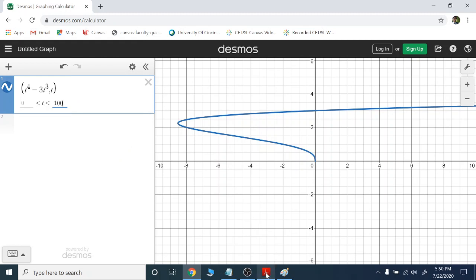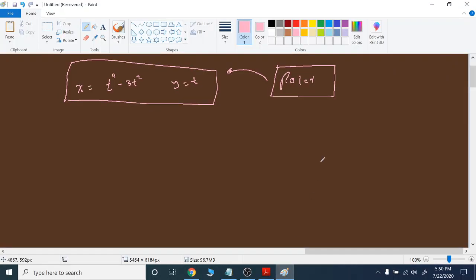Now for the polar curves also we treat it the same way, right? Say if we have to plot our cardioid, that is r equals 1 plus sine theta.